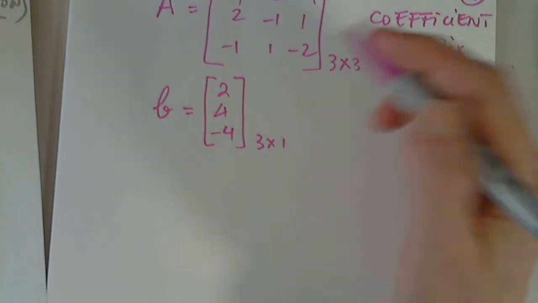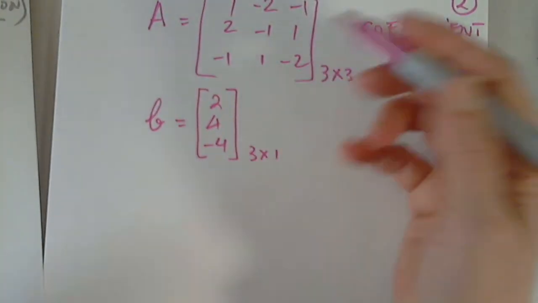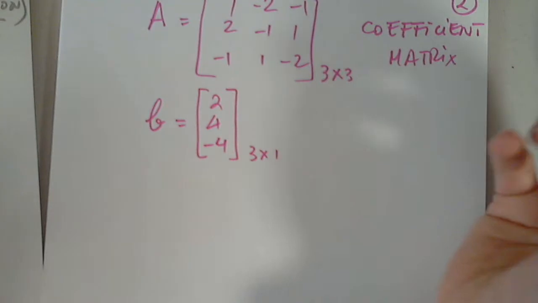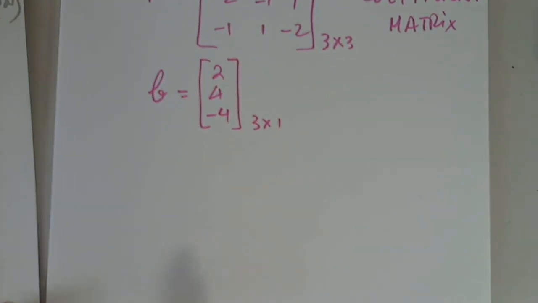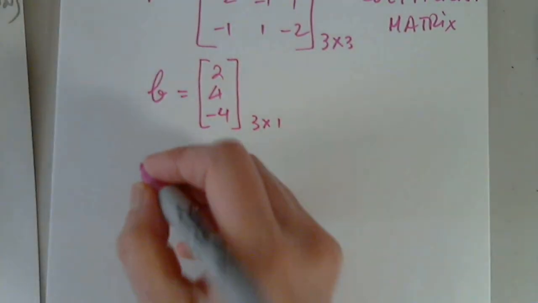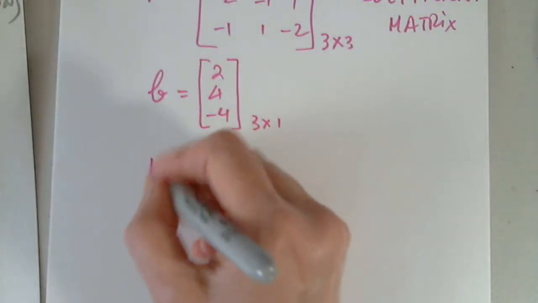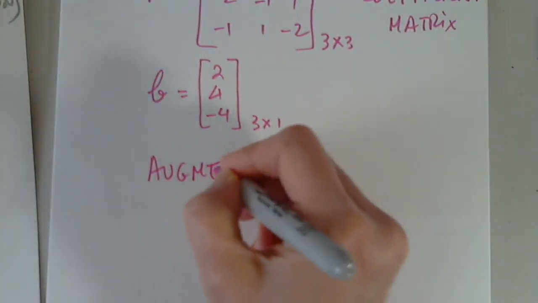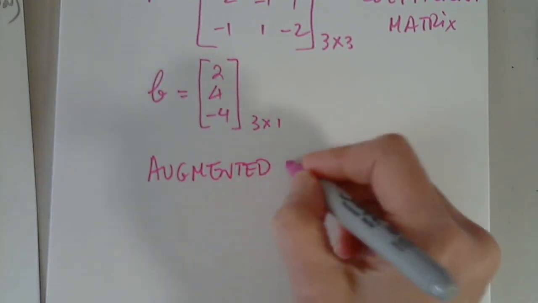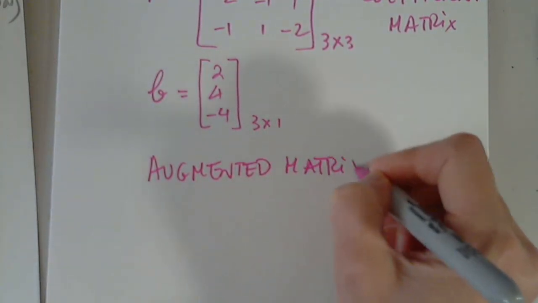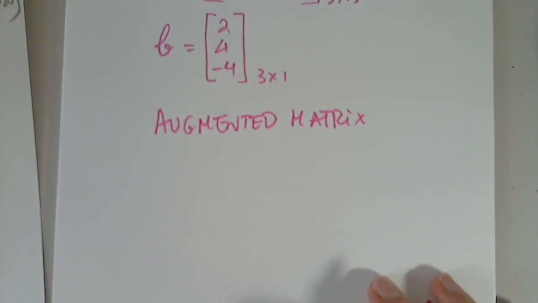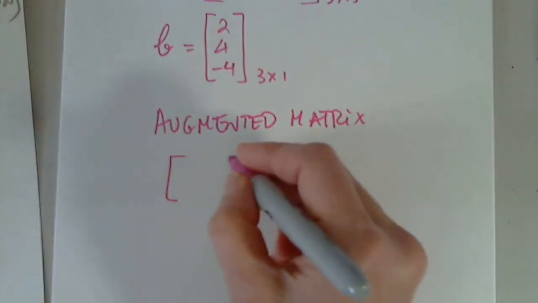I don't know if we have a name for this other than the matrix of the free terms, if you want to call it. We also have something extremely important, a combination of these two, which is called the augmented matrix. And here is the way we denote that.